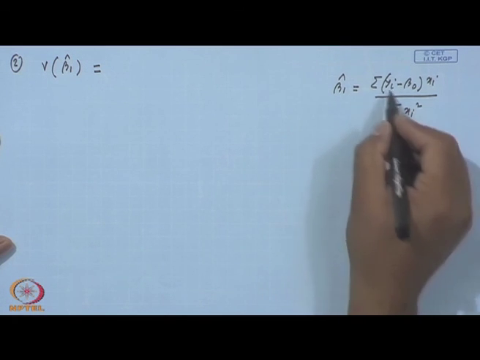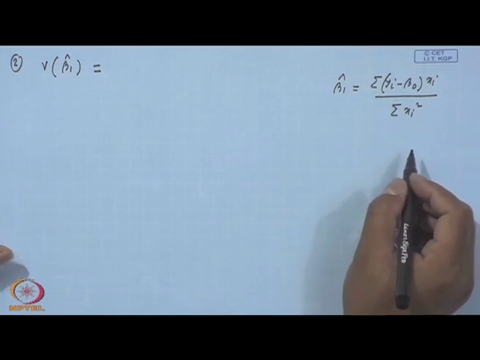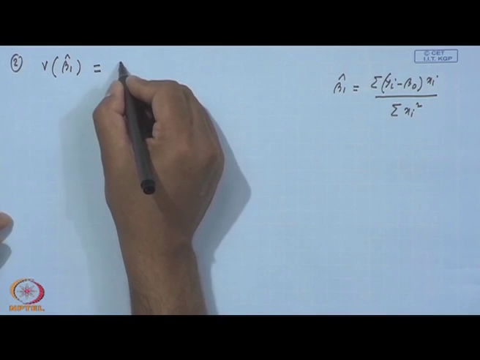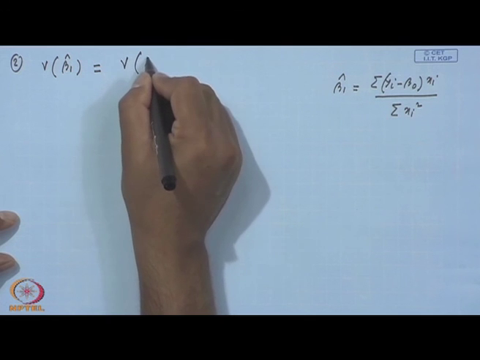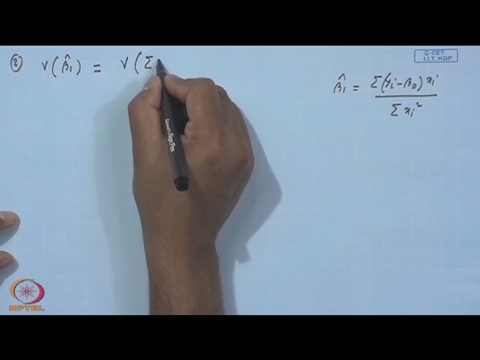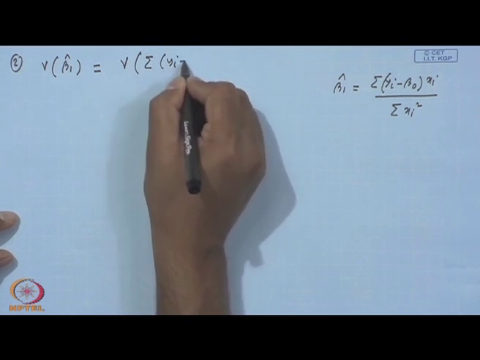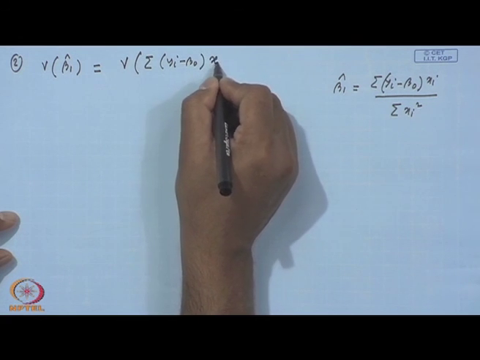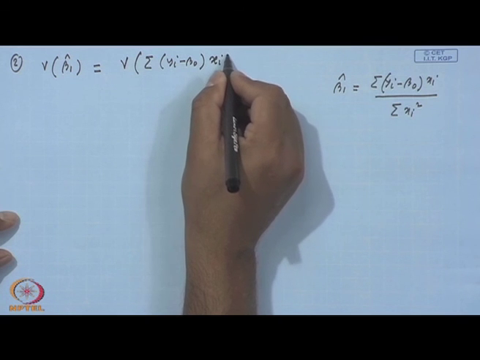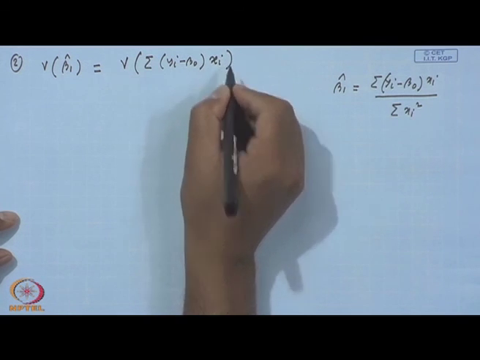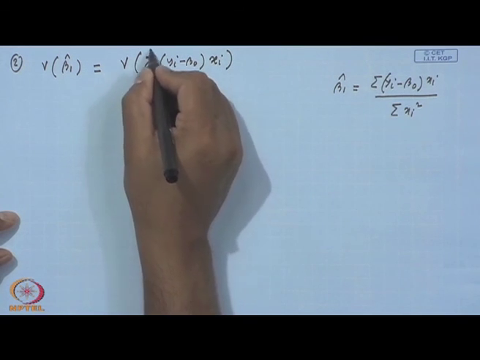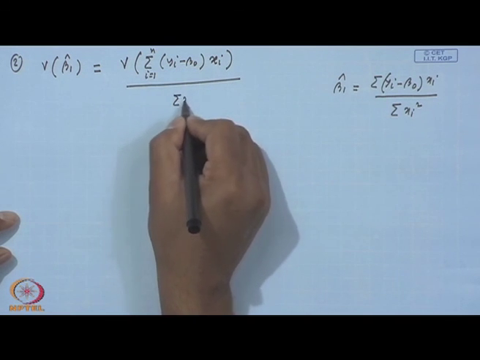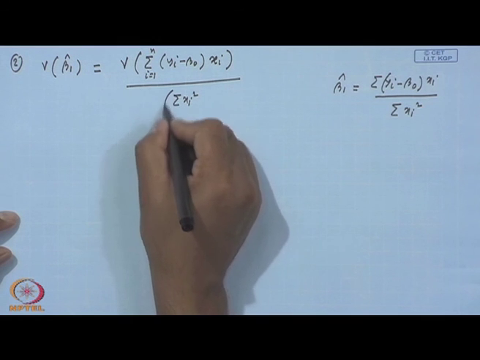Here the only random variable is y I, right. So, this is equal to the variance of summation y I minus beta naught into x I, variance of this, by summation x I square whole square.